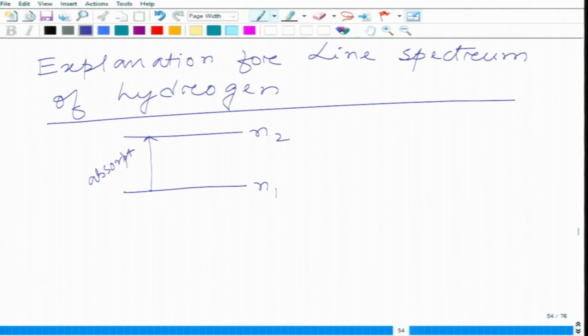This is absorption. And when it emits energy, it comes back from the higher energy level to the lower energy level. This is emission.